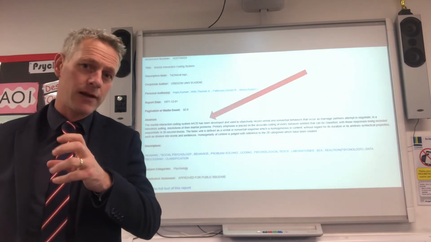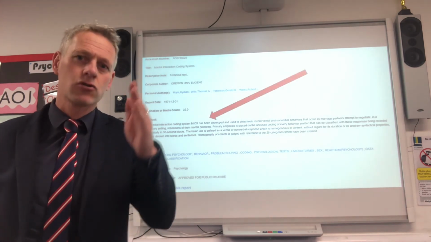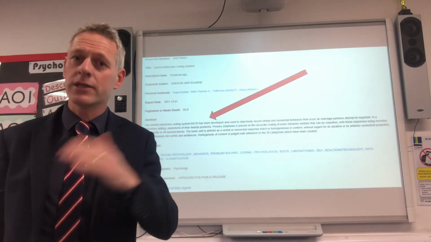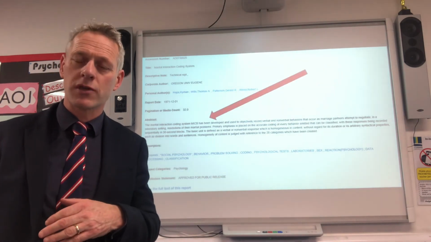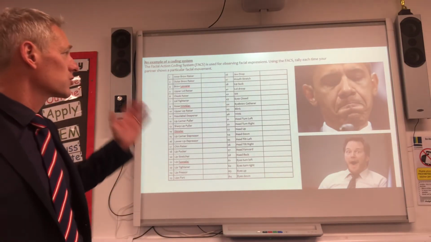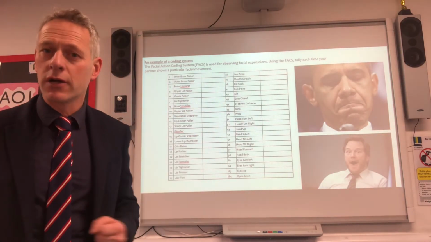So it looks at the behaviors and categorizes them, codes them between the married couple in terms of their interactions with each other. Let's take another example, the Facial Action Coding System.